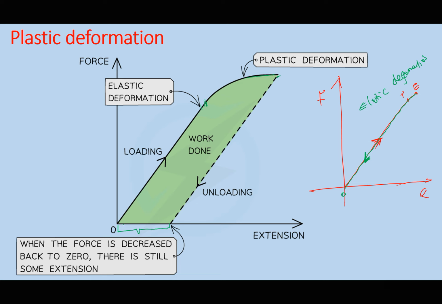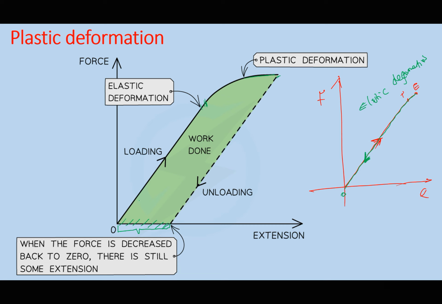This extension remains even when the material has been unloaded. So it means the material has undergone plastic deformation. When the force is decreased back to zero, there is still some extension.